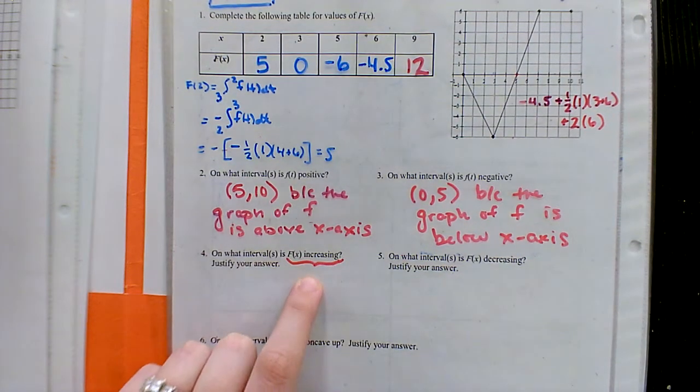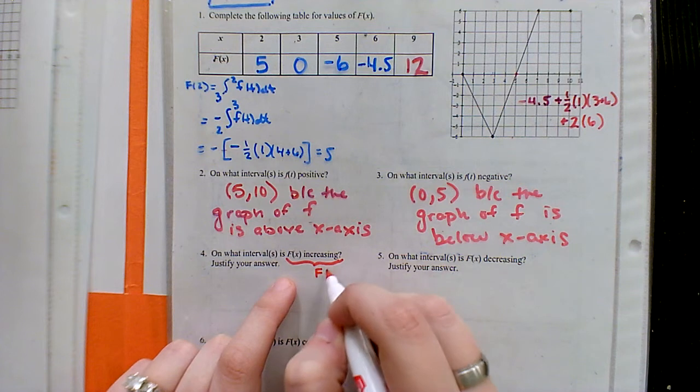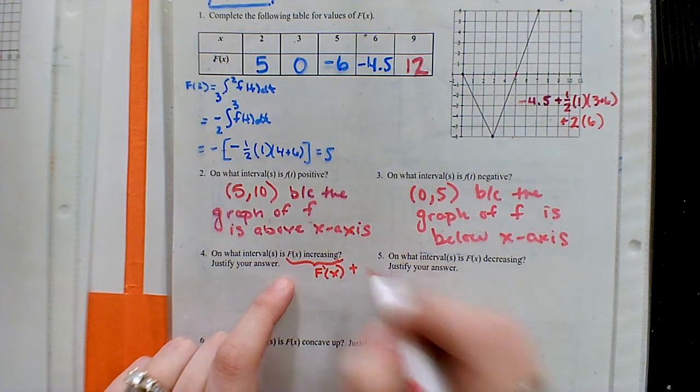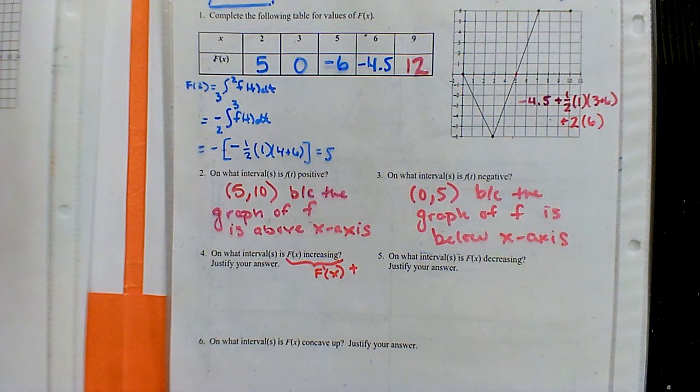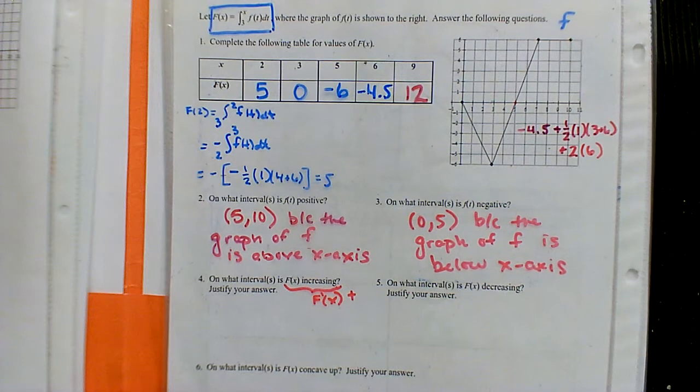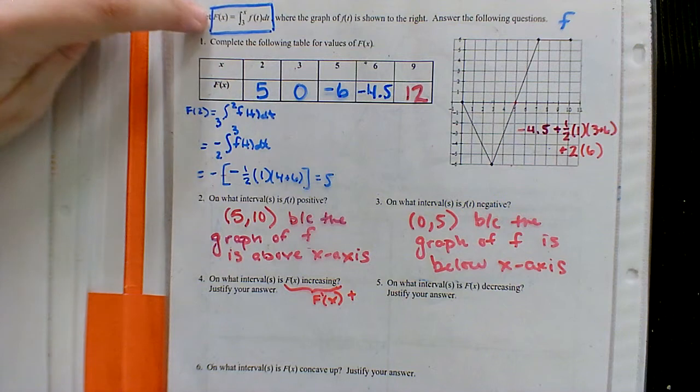If capital F is increasing, shouldn't the derivative of capital F be positive? Isn't that one of our connections? How do you think we can figure out the derivative of capital F? Let's take a look at the top.